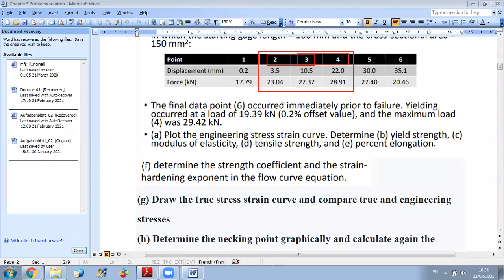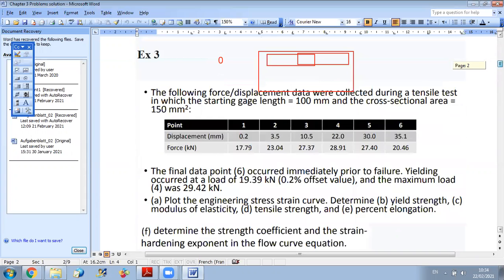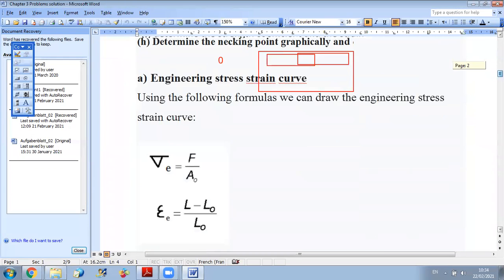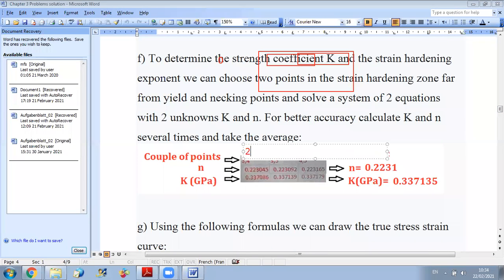In the tables, we are considering that the first point is 0.0, so 0.00. Okay. Now, when we count points, if you count from here 1, 2, 3, 4, 5, then instead of 2, 3, 4, it will be 3, 4, 5. This is why in the table, when they did different calculations for the value of k and n, they said we take points 3 and 4, and they mean by this 2 and 3.